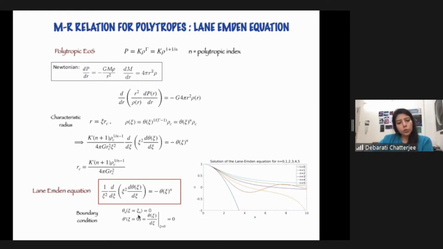Given these two boundary conditions, if you solve the Lane-Emden equation mathematically, this is what it looks like. This is an analytical solution of the mass-radius relation, something similar to what you can apply in the case of white dwarfs, because we are talking about Newtonian structure calculation.